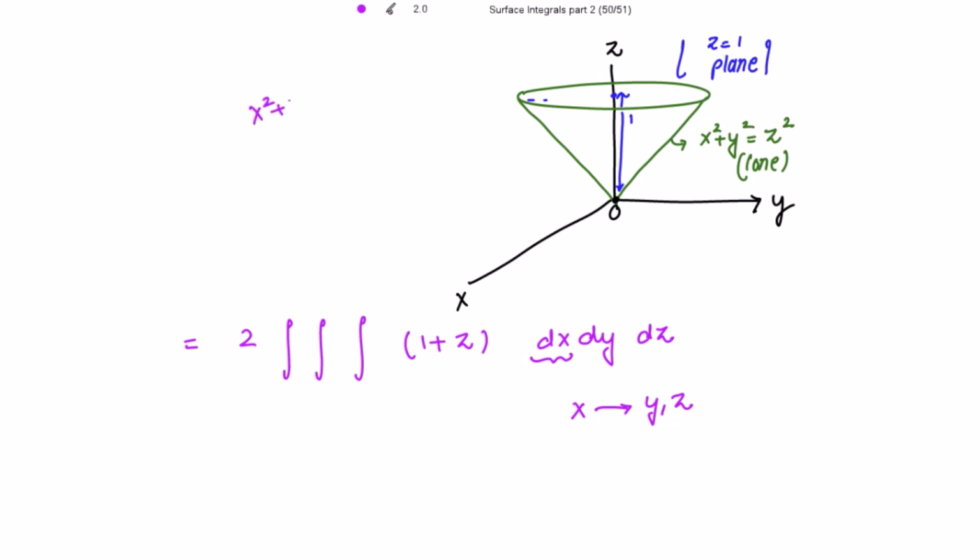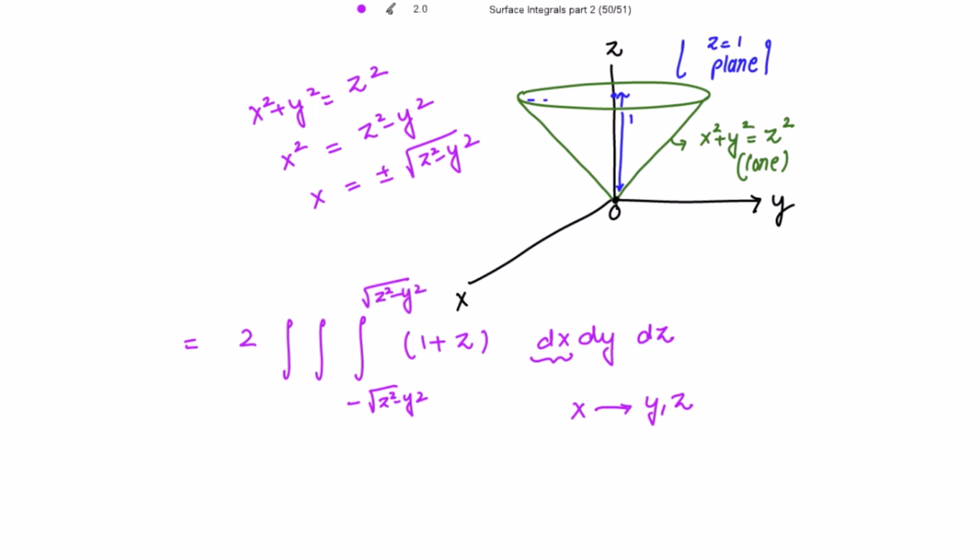From this cone, we can write the limits for x: x² is z² minus y², so x is equal to plus or minus the square root of z² minus y². So the limits for x are from negative square root of z² minus y² to positive square root of z² minus y².